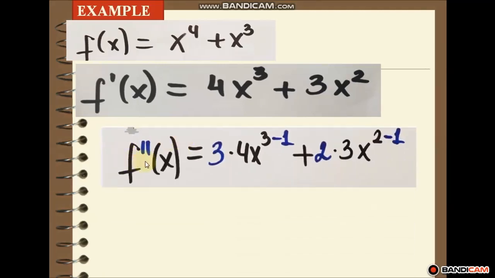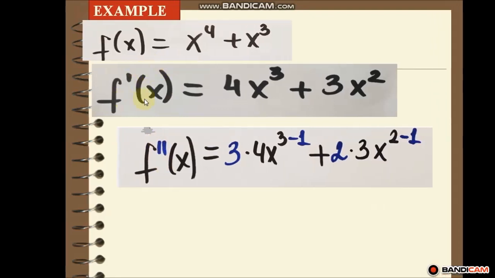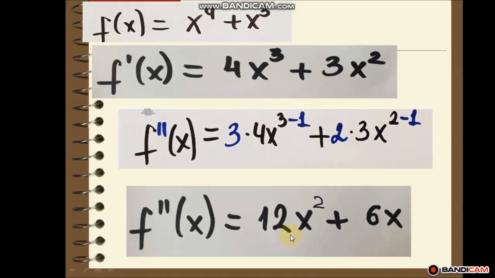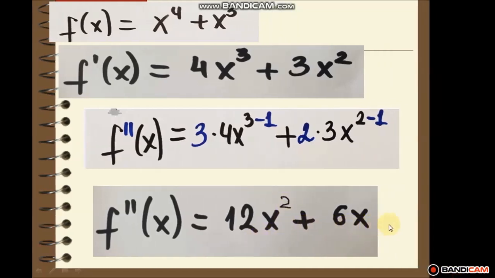How can we get the second derivative? It is like the first derivative. From the first derivative, we get the second derivative. Again we take the power as the coefficient, and from the power we subtract 1 in each term. And our second derivative will be 12x^2 + 6x. This one is our result.